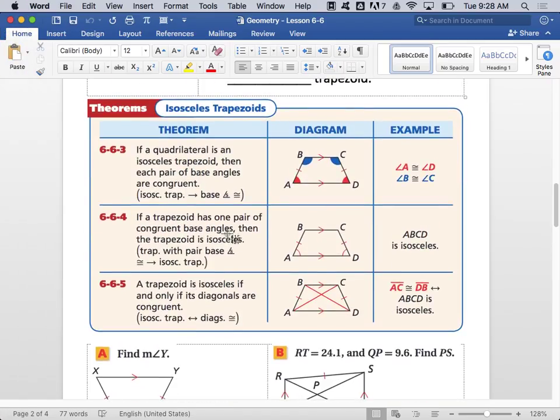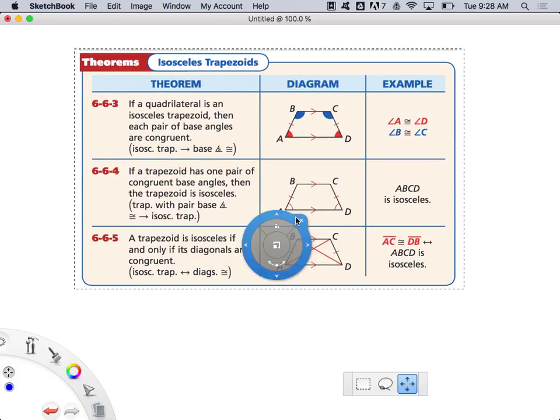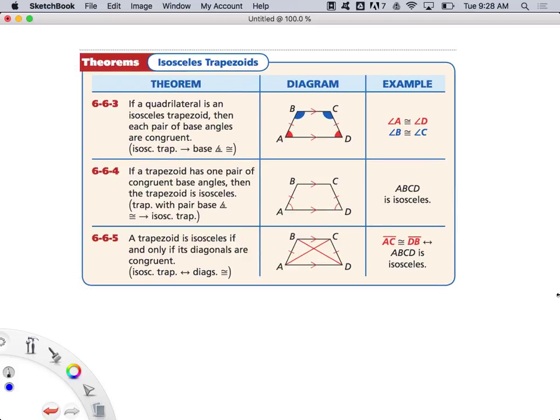Let's take a look at isosceles trapezoids specifically now. If it's an isosceles trapezoid, then each pair of base angles are congruent. See? The reds are congruent, blues are congruent. If a trapezoid has one pair of congruent base angles, then it's isosceles.